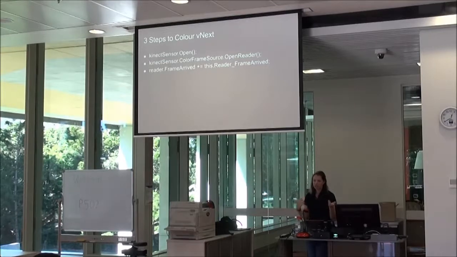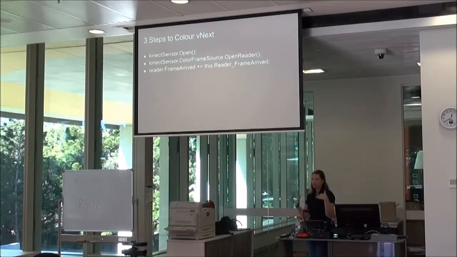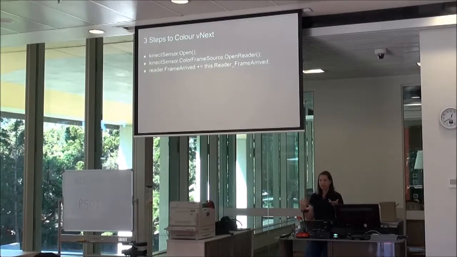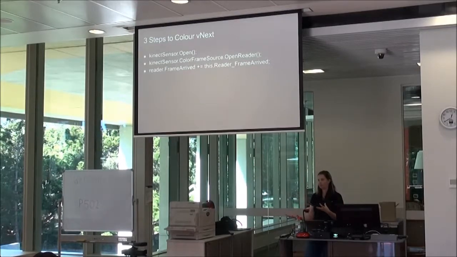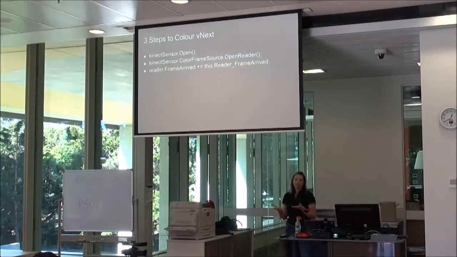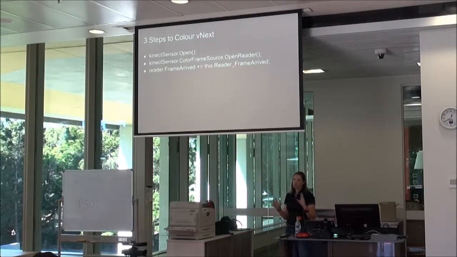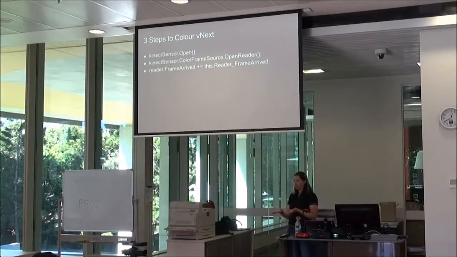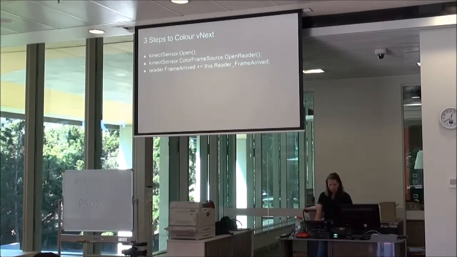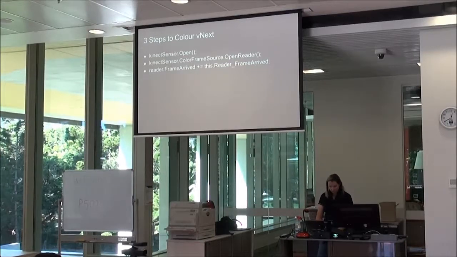So we have a color frame source, and we just want to open that color frame reader. And then we're just going to listen for a frame arrived event, and in that event we do some stuff. That's where you decide what you want to do with your color frame. In a lot of instances, what you'll do is just write that out on the screen, but you may do some other things. So I'll show you a running example of that.